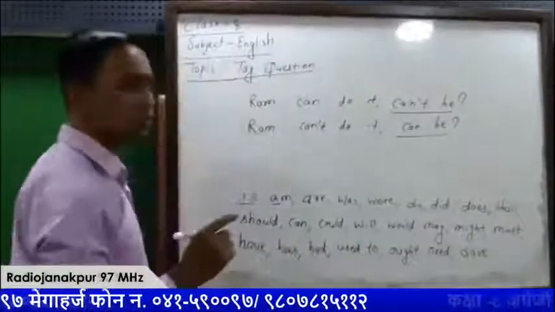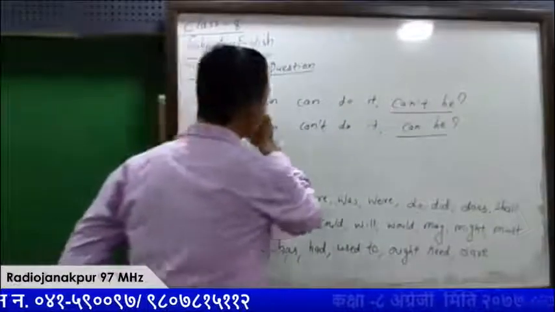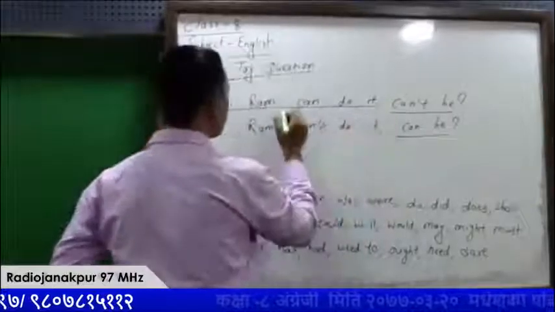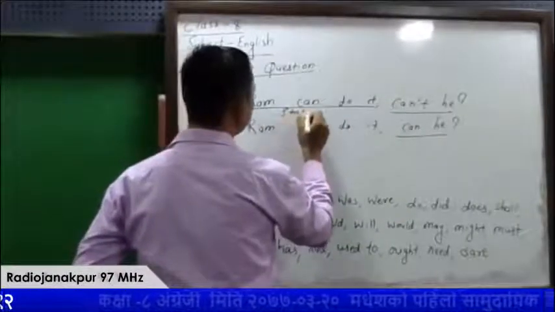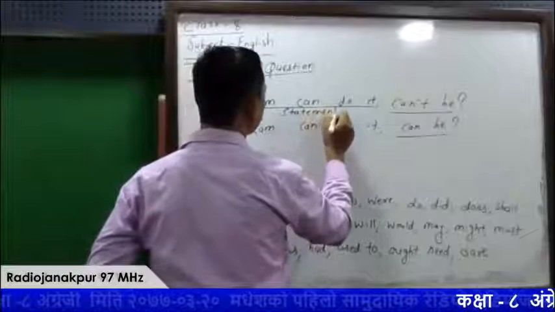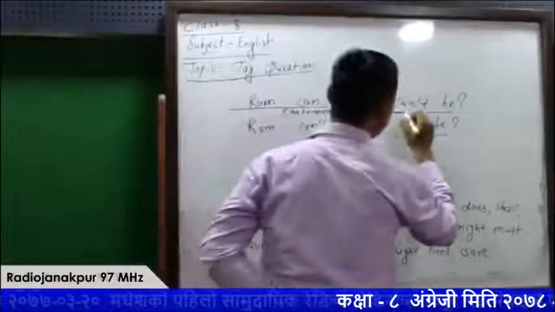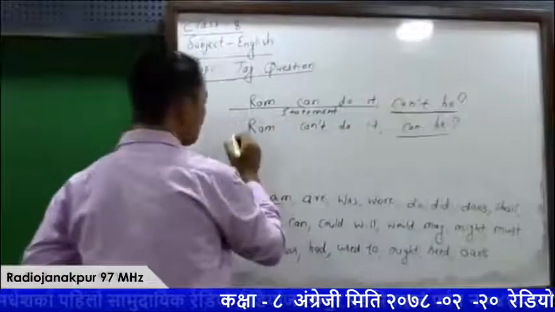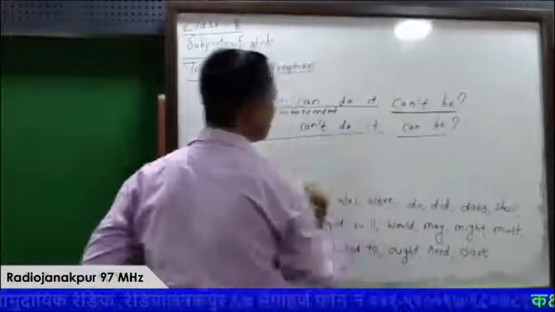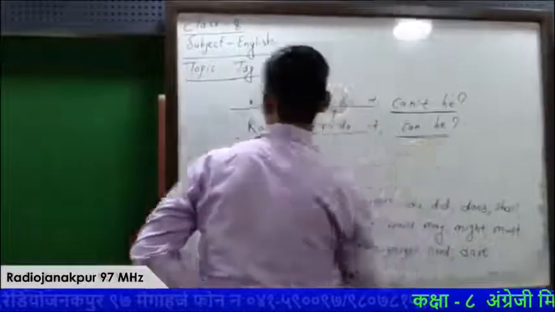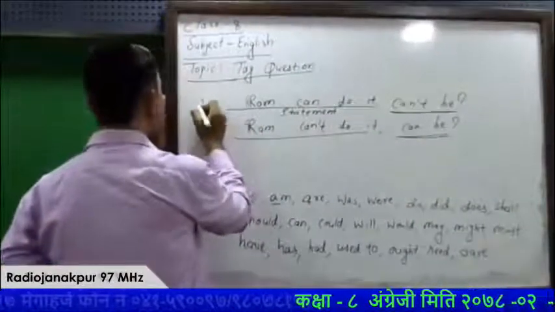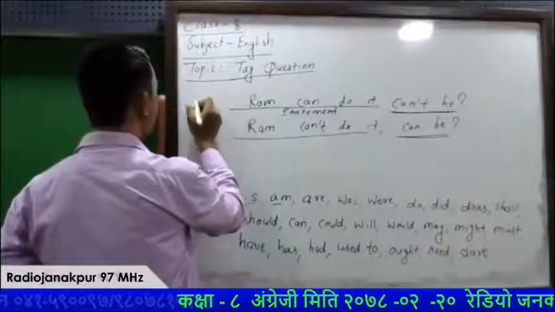My dear students, if the statement is positive, the tag should be negative, and if the statement is negative, the tag should be positive. This is the first rule in question tag which we should memorize.